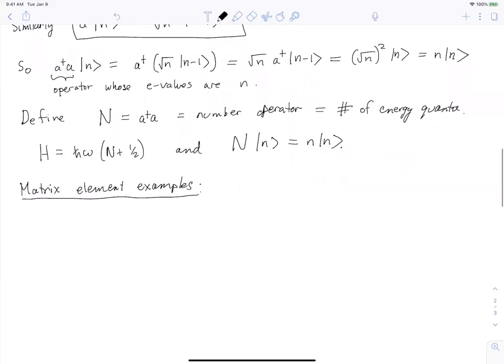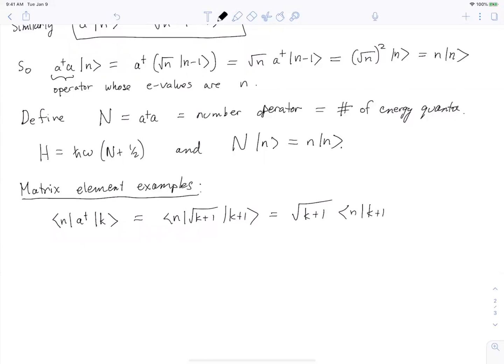For a simple one to start off with, if we did the matrix element of a dagger between two states n and k that are energy eigenstates, we just use how a dagger acts, and this becomes n square root of k plus 1, k plus 1. Or we can bring the number outside. Now orthonormality of the energy eigenstates tells us this is square root of k plus 1 times delta n, k plus 1.